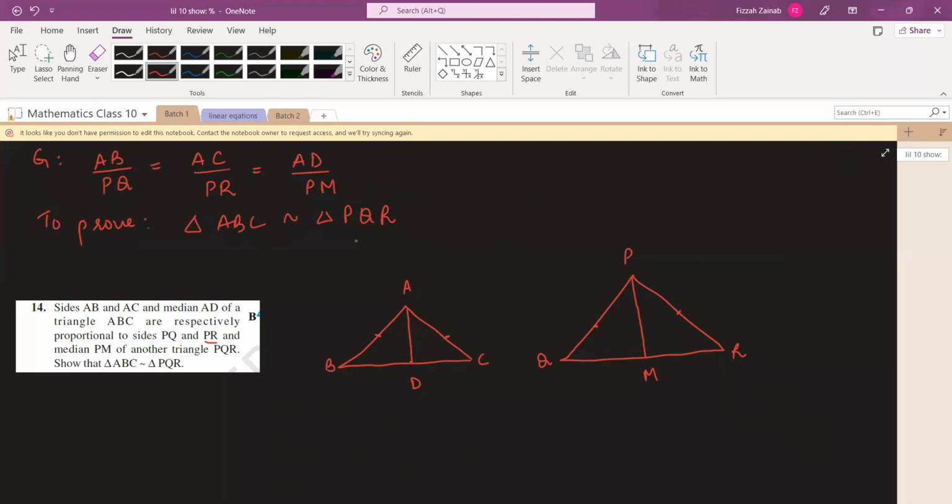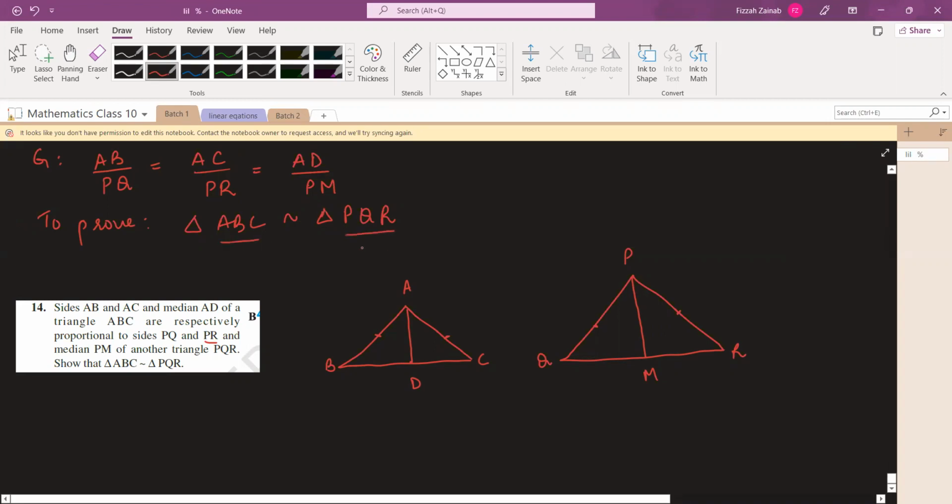This is an important question from the exam point of view. See, what is the problem here? Basically, you have to prove the full triangle ABC is similar.